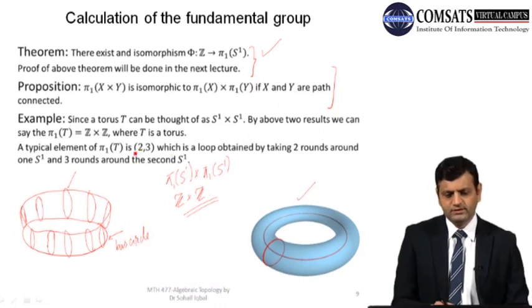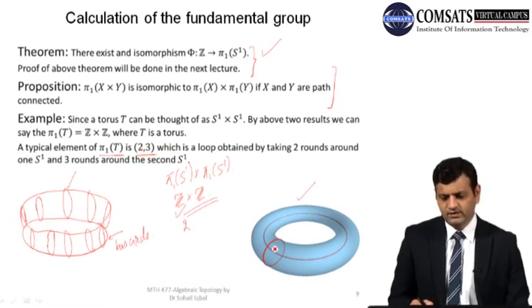So what are the elements of this pi 1 of the torus? Let's for example consider the element (2, 3). So if I take 2 from the first Z, then whatever loop we are considering, of course in the fundamental group we are considering loops. So what is this loop (2, 3)?